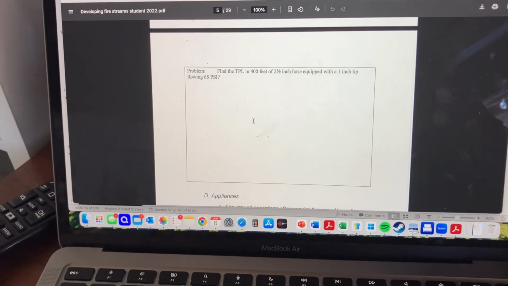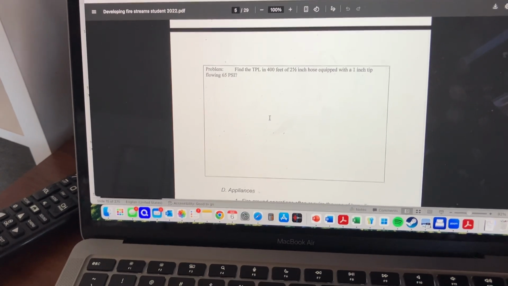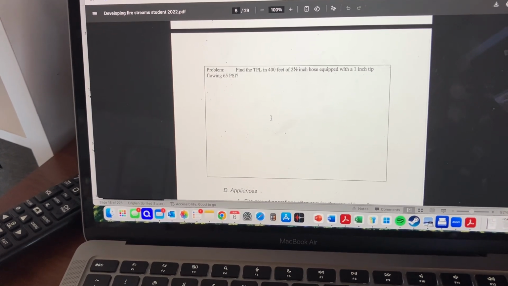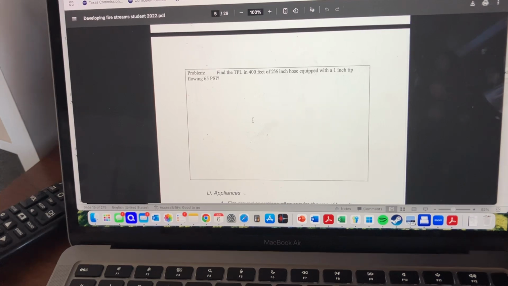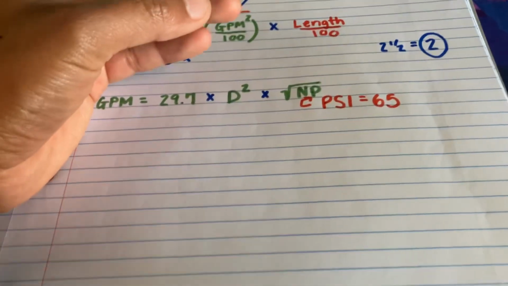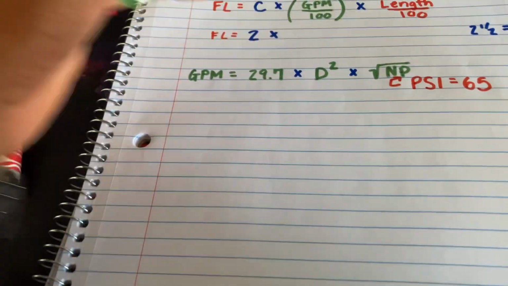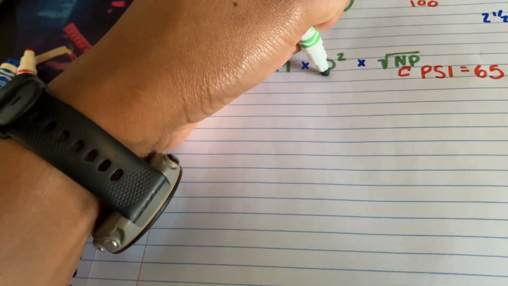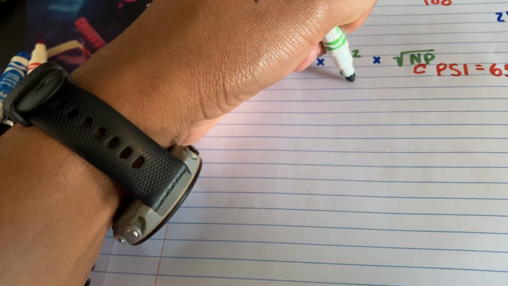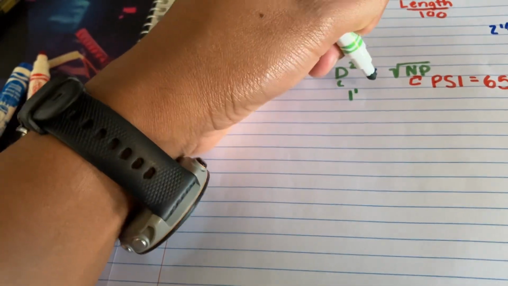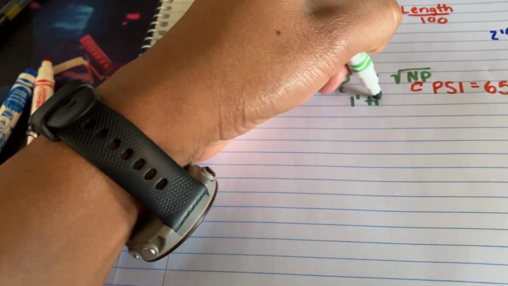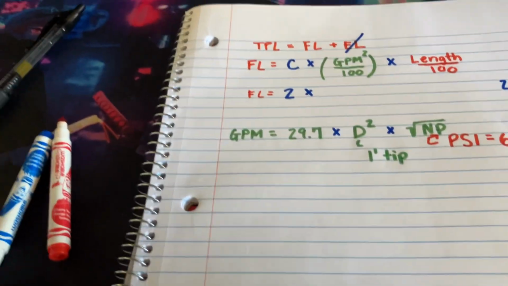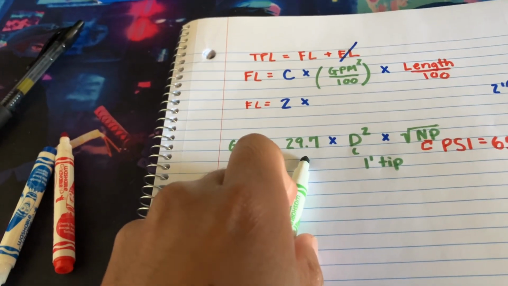So we already know that the 2.5-inch hose goes with the coefficient. And whatever the tip is, that 1-inch tip, that's going to be the diameter that we need to square. So our diameter is going to be that 1-inch tip times 29.7.